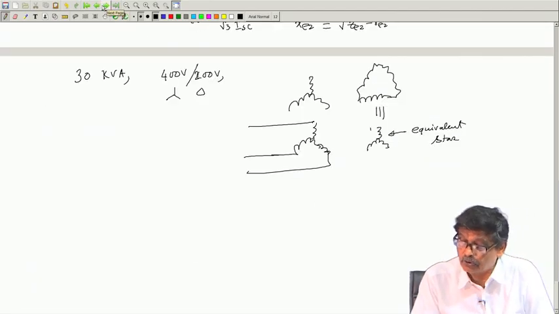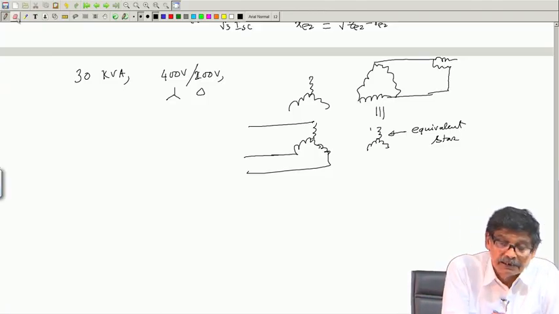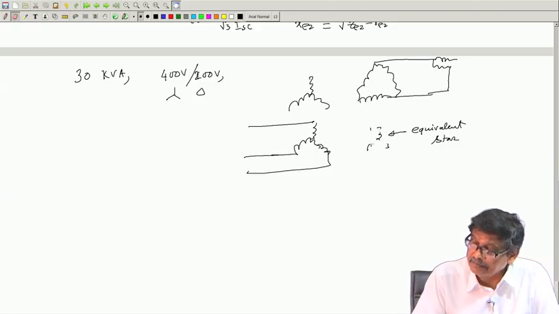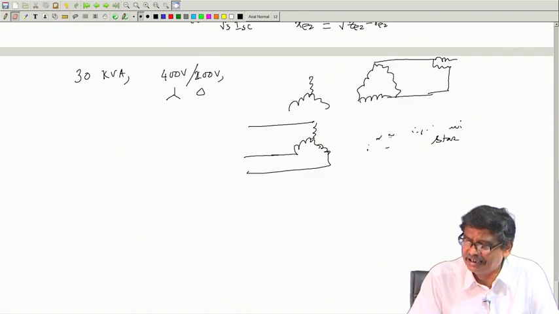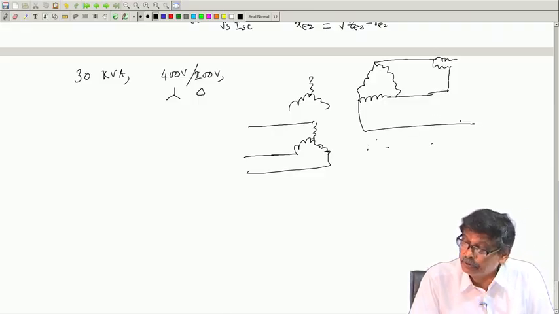Suppose I carry out the no load test, what do I do? This is your actual transformer, I will connect 2 wattmeters here. Try to get the idea, it is in fact not needed so much pointing out, but it should be understood what we are doing.